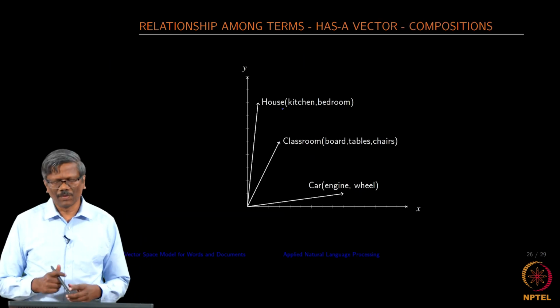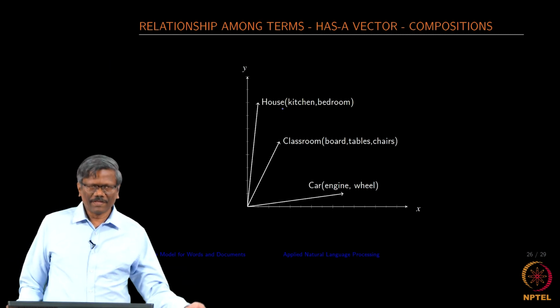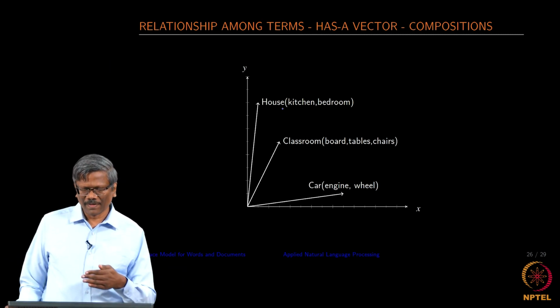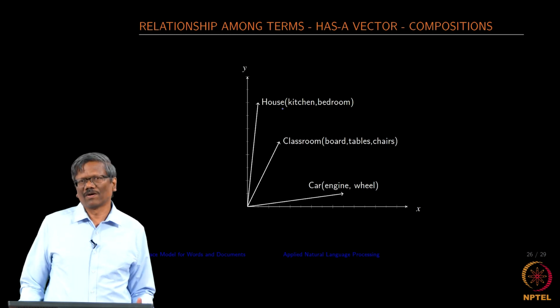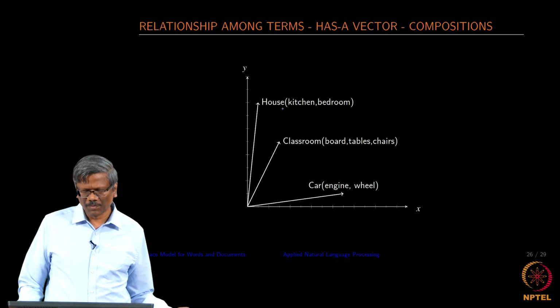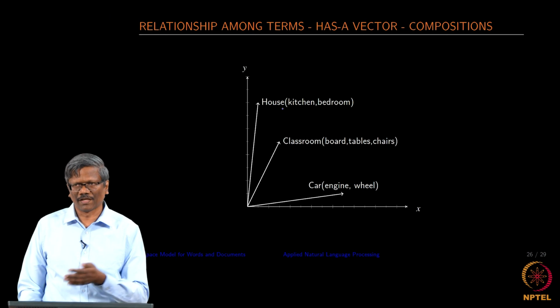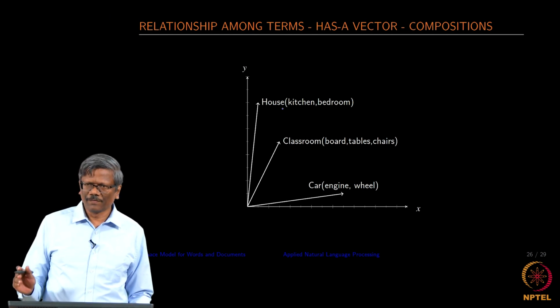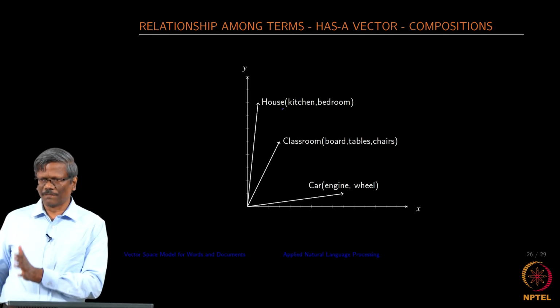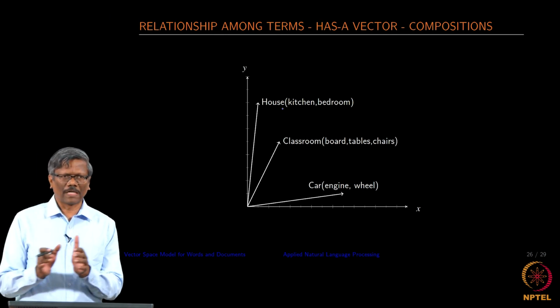Another way is to look at it from the compositions. Okay. So, earlier we saw the is a relationship, now we are looking at the has a vector composition. For example, if you consider a classroom, you will have a blackboard, you will have a projector, you will have students, tables, chairs and so on. So, if you look at all of those words, you can definitely say that okay, this may belong to a classroom.